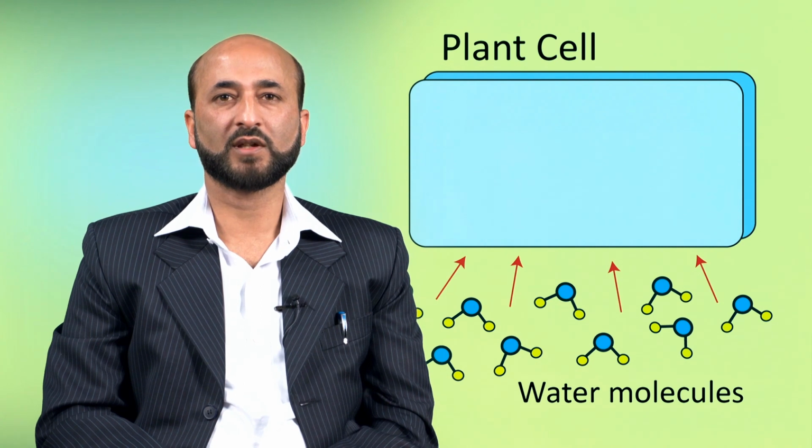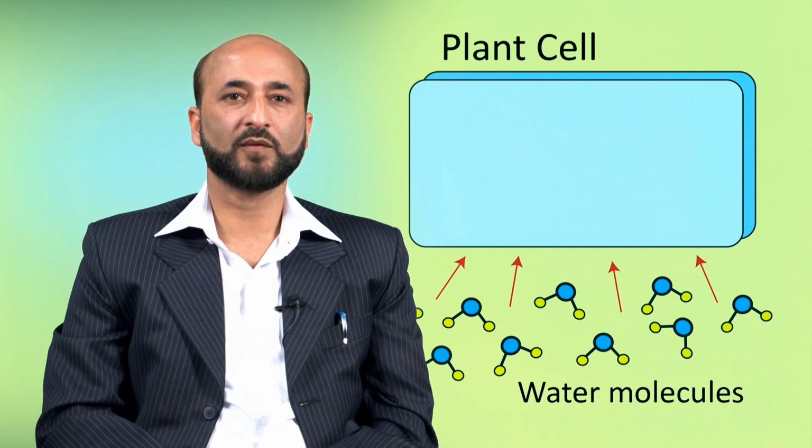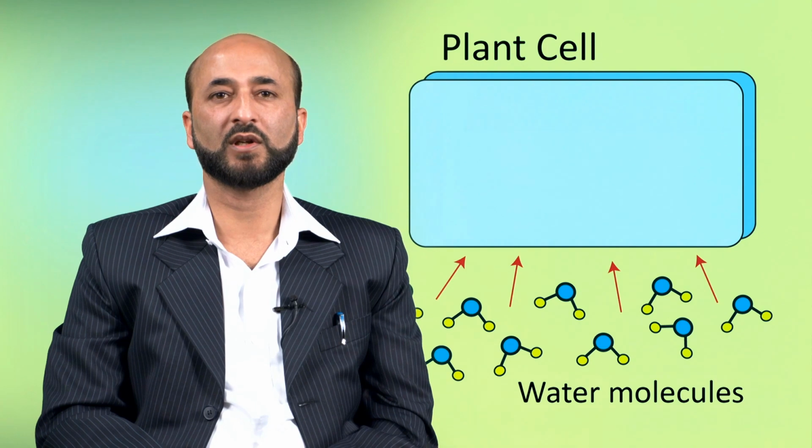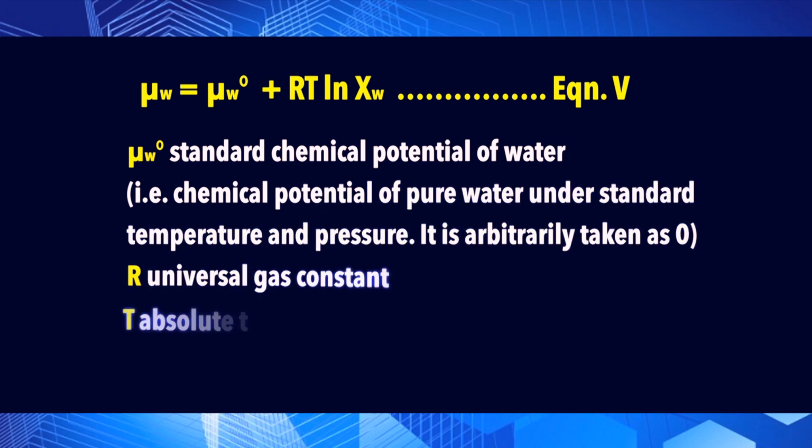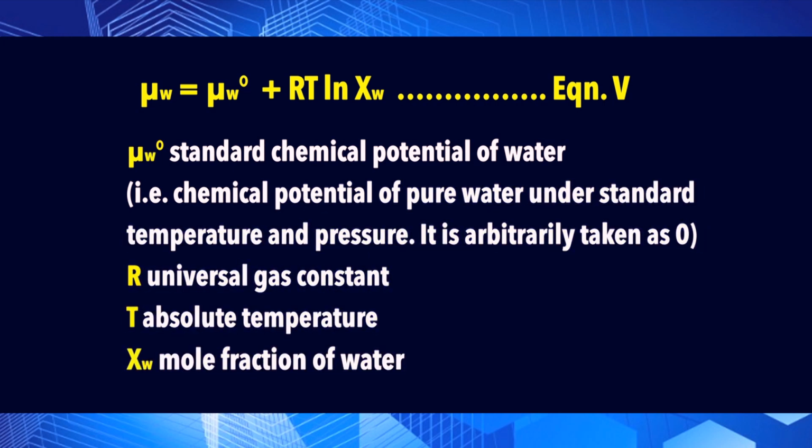Chemical potential of water is related to mole fraction of water by the following equation. Mu W is equal to mu W naught plus RT natural log of XW, where mu W is the chemical potential of water under ambient conditions, mu W naught is the chemical potential under standard conditions, R is gas constant, T is temperature, and XW indicates the mole fraction of water.